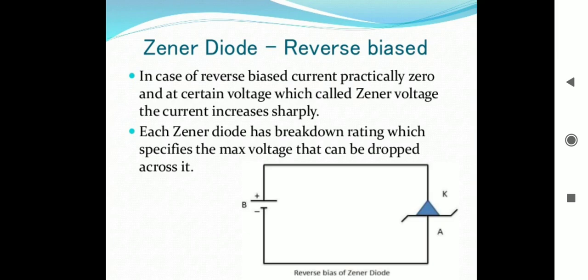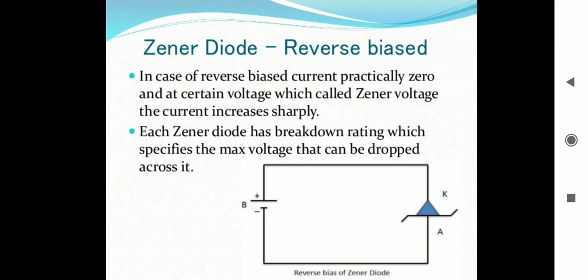But in practical use, the Zener diode is always used in reverse bias conditions. So it is important to study how the Zener diode works in the reverse bias condition.